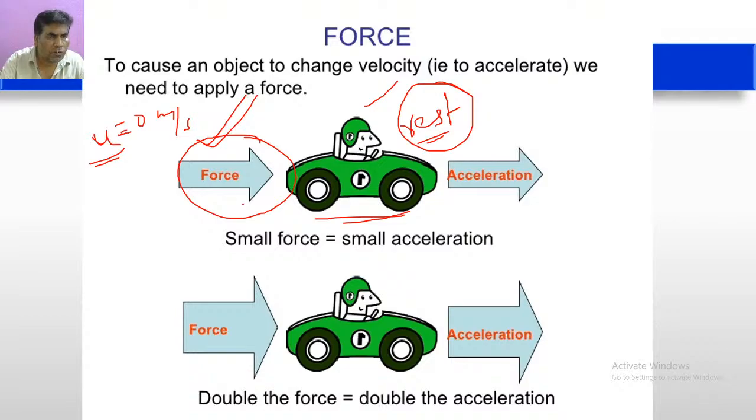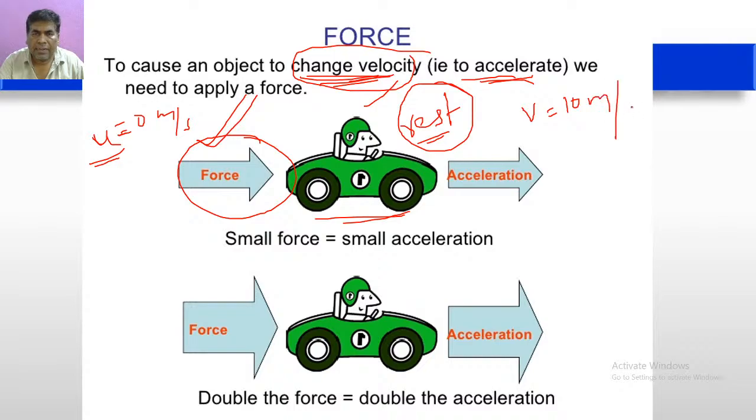After applying force, what happens? Velocity will change. This change of velocity is called acceleration, means the car is accelerating. The car is changing its velocity because of force. Because of that, final velocity, let it be v, 10 meter per second.